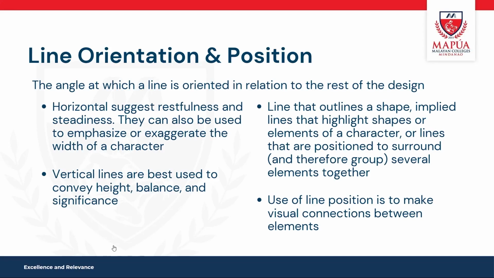Is there a line between, or are you implying a line between the person's hand towards the object they are trying to reach for? Are you trying to imply that there is a separation between two people by adding vertical lines between them when it comes to the composition and design? So how you orient and how you position a line can already tell a story. Now that is for lines.